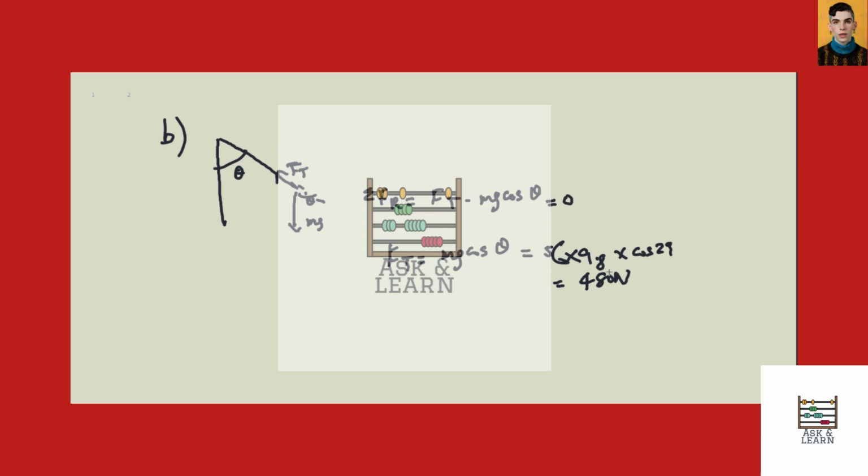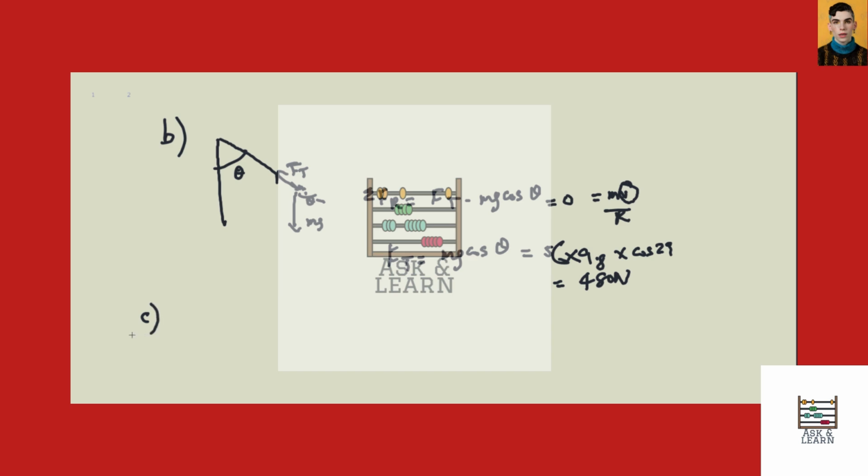Now at this point the velocity is 0, so Ft minus mg cos theta is actually equal to mv squared by r, the centripetal force. But since there is no velocity at this point, the centripetal force must be equal to 0, hence the net force is 0. Therefore, the tension is equal to mg cos theta, and we can calculate the tension as 480 newtons.